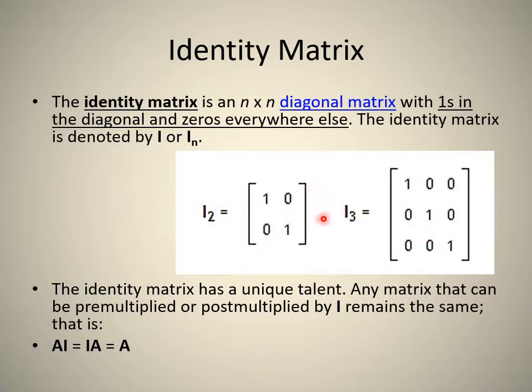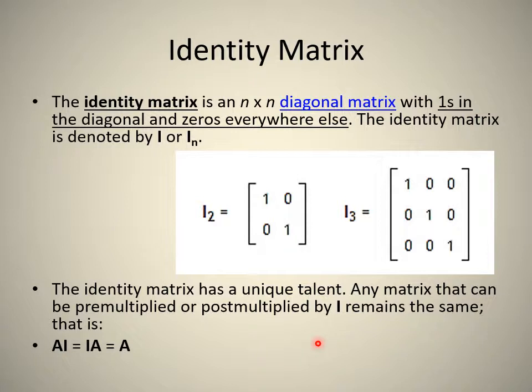So I2 in this case is an example of a 2 by 2, 2 rows, 2 columns identity matrix, and I3 in this example is a 3 by 3, 3 rows, 3 columns, and ones on the diagonal. An identity matrix has a unique talent, as they call it here.